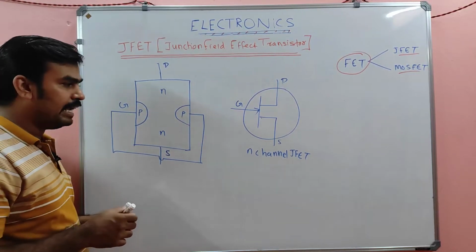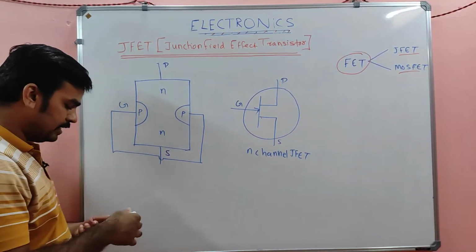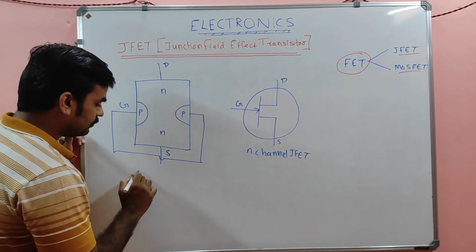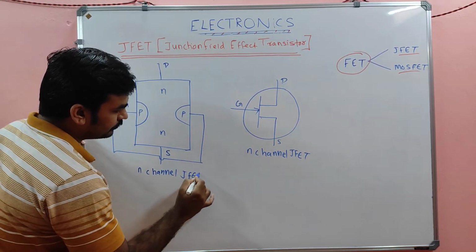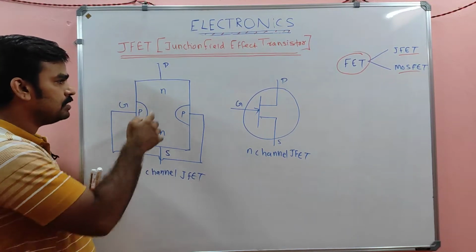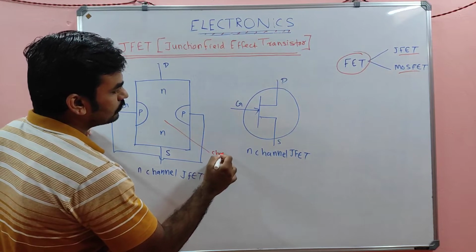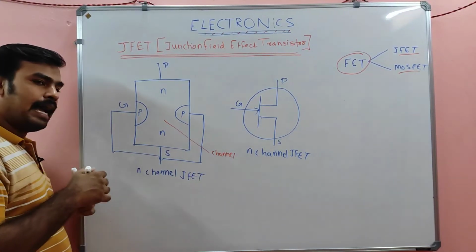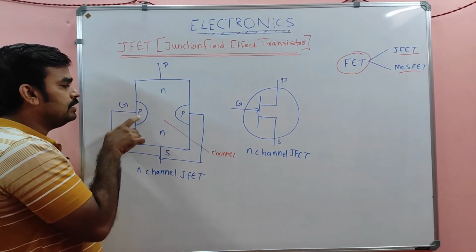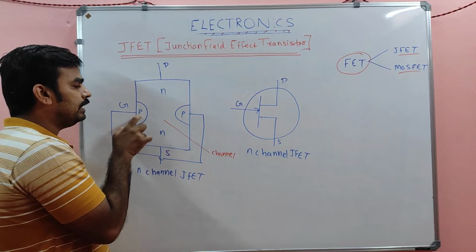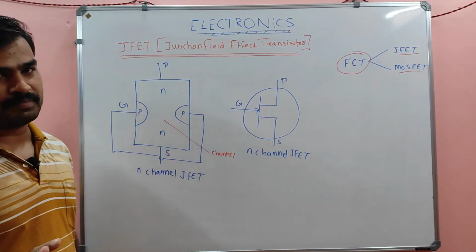And the difference between N channel and P channel JFET is this: this is the N channel JFET, where this is the channel, my dear. Suppose this place is replaced with P and the gate is replaced with N, then it is called the P channel JFET.